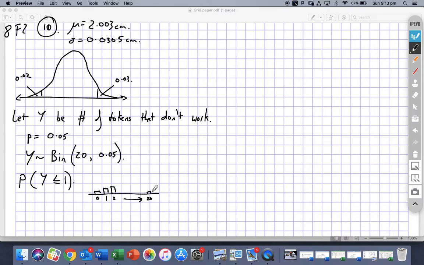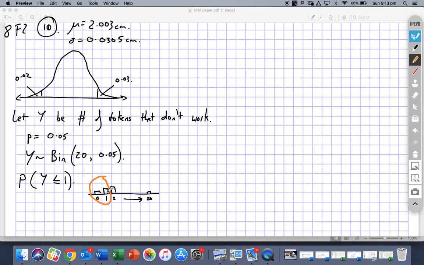We're interested in at most 1, which includes none of them. The number of tokens that don't work is at most 1.